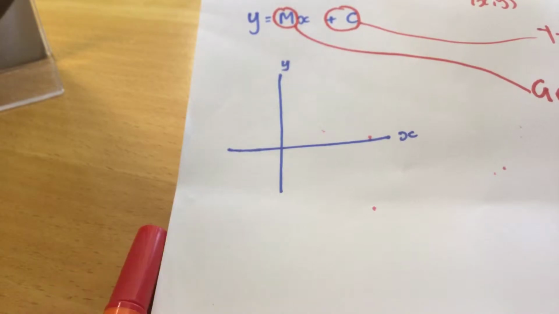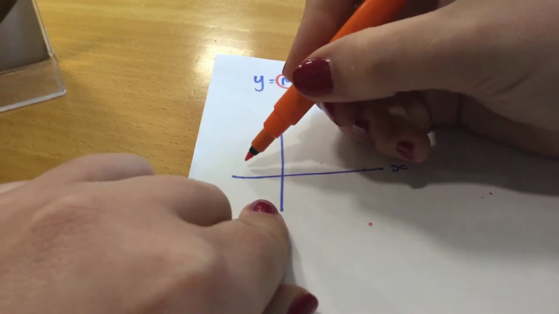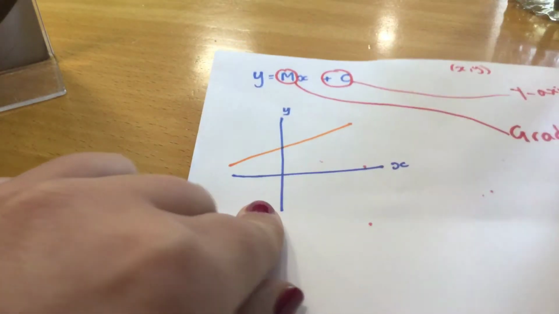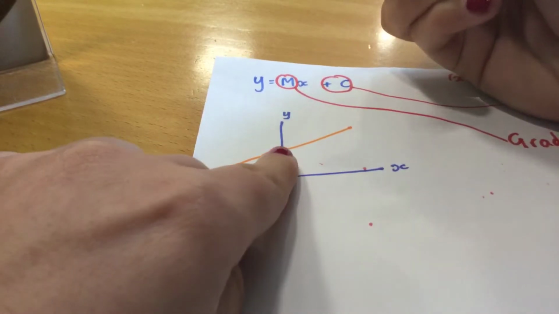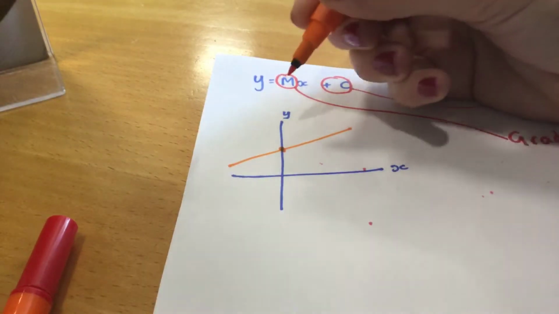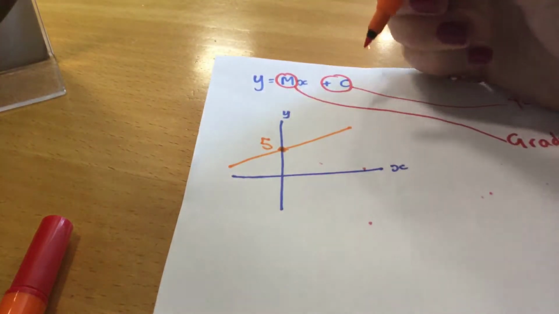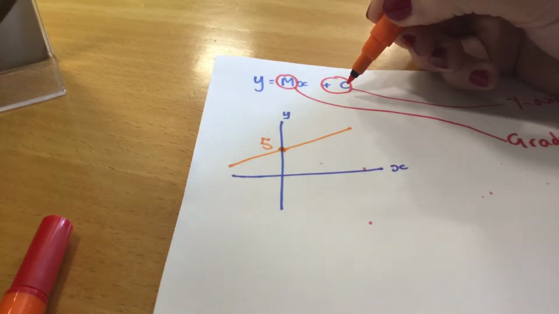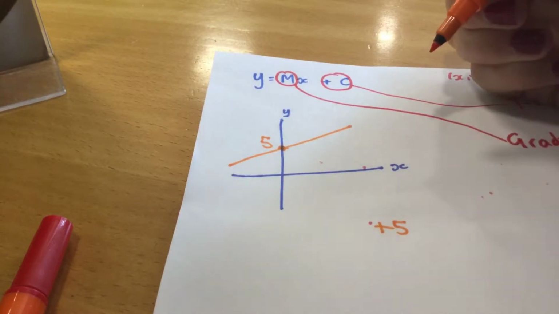So if we were to look at this axis that's drawn here, if I had the line that goes like that and it crossed the y-axis here at, I don't know, 5. Okay, if it crossed the y-axis at 5, this plus c part is going to be plus 5.